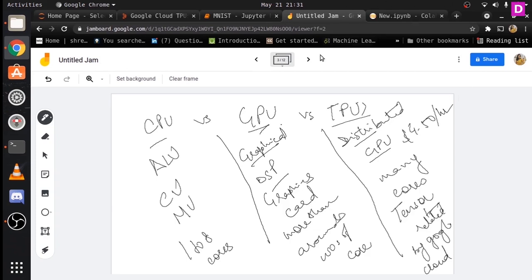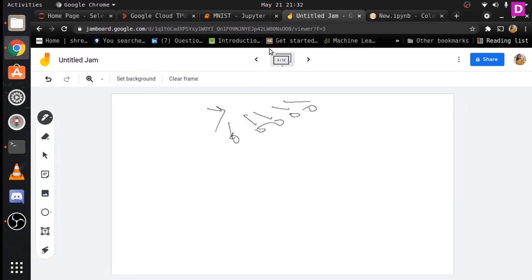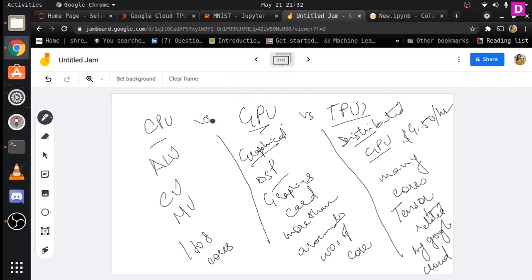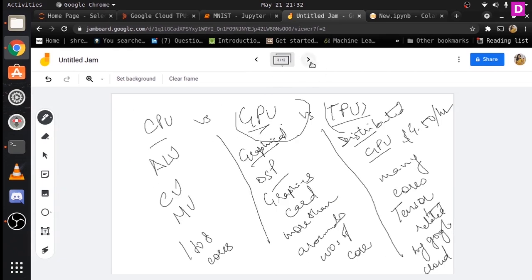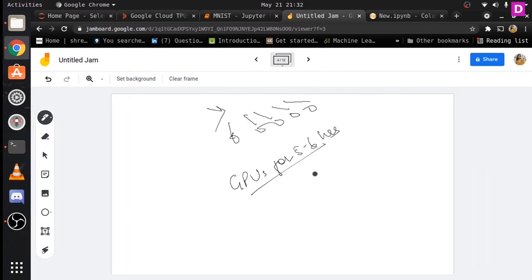Okay, so now what happens with the distributed unit, and why we use GPUs and TPUs more than CPUs, is that they reduce the training time. I have seen models that run on GPUs for 5 hours, 6 hours. If that is turned into, let's say, a CPU run, this will increase by a massive amount.